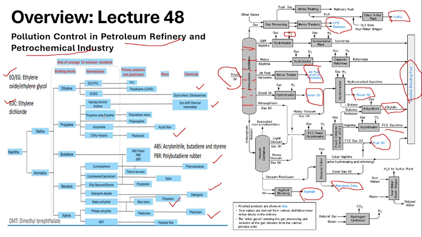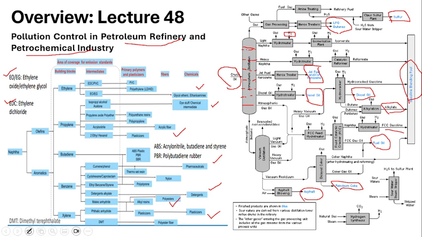Now, what are the different kinds of pollution we can expect from these industries? Mainly we use a lot of stripping of sulfur, right? So a lot of sulfur is removed in gaseous form from each and every stage. So SOx and NOx emission is the highest probability of pollution from these kinds of industries.